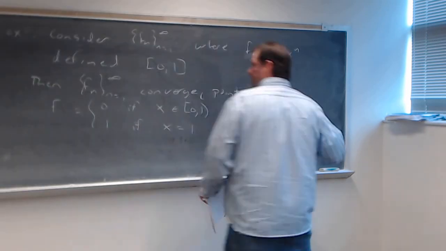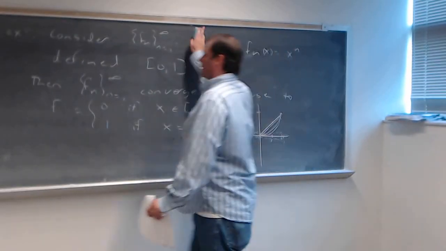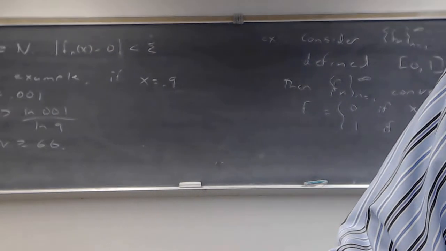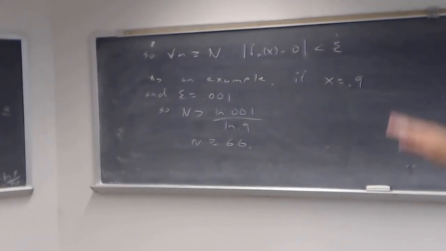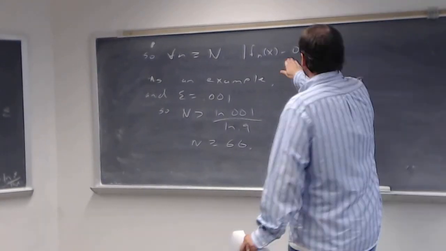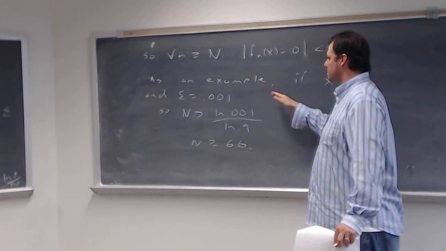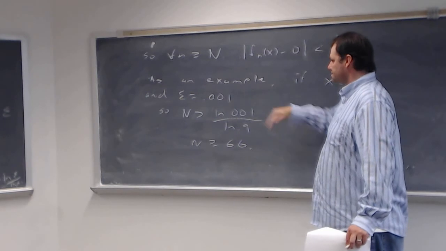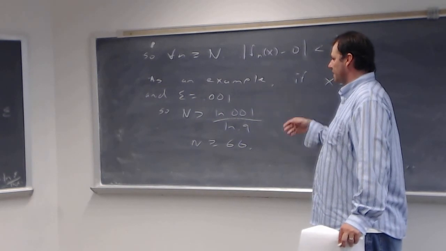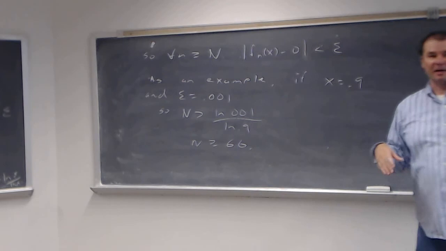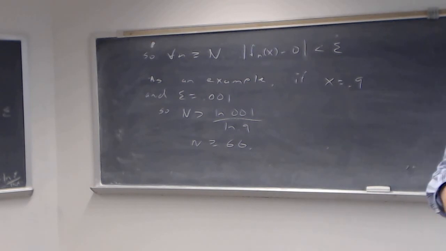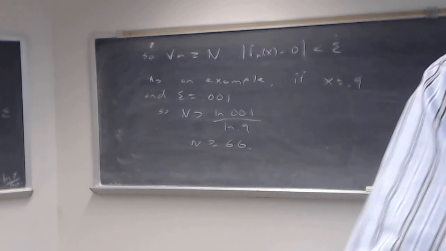What is uniform convergence? I just want to highlight this other thing. I don't know if I ever had the camera on this part. Just in case this was to work over here. By concluding that the f sub n converges pointwise to 0 for x between 0 and 1, and then a specific illustration of epsilon being 0.01 and x being 0.9, how far along in the sequence we have to go?